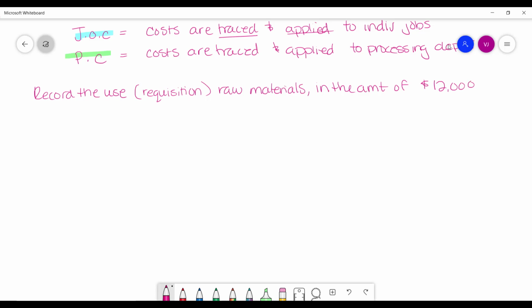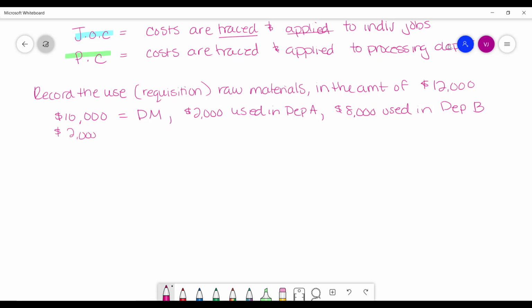Let's assume that $10,000 is direct materials, and of that $10,000, $2,000 is used in processing department A, and $8,000 is used in processing department B. And that would mean that the remaining $2,000 refers to indirect materials.